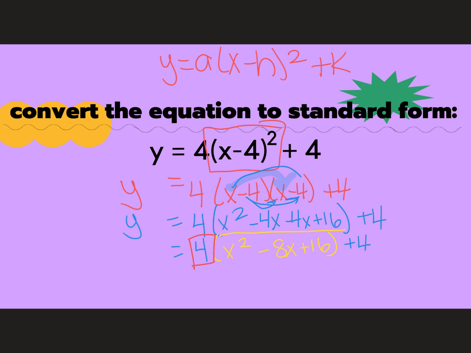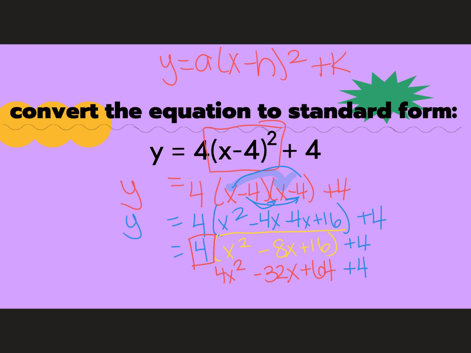So I have 4x squared minus 32x, and then 16 times 4, 64. Okay? And then I'm just going to tack on that plus 4 at the end.